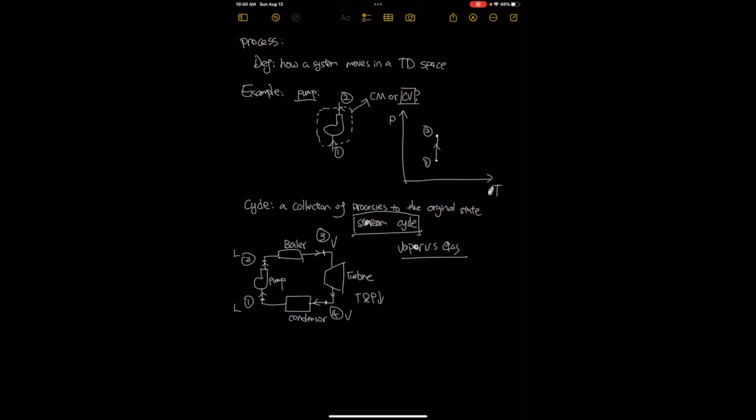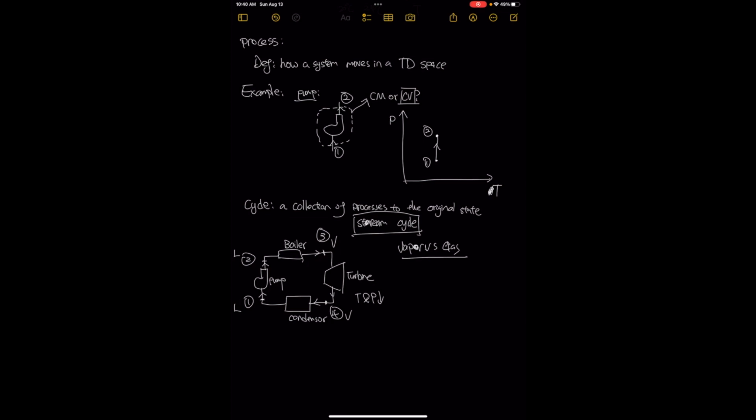And eventually, at state number 4, the condenser's job is to make sure all that vapor will be 100% converted into liquid water. Because typically when you have a pump, you don't want vapor going through a pump, as it may cause some damage. So I just described the general process of this steam cycle.